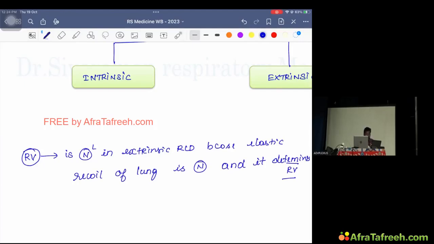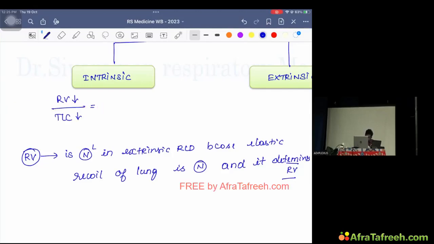In intrinsic restrictive lung disease, there is going to be a decrease in the RV. Whenever you take the RV by TLC ratio, TLC is decreased, RV is decreased. So overall, the ratio is going to be normal.